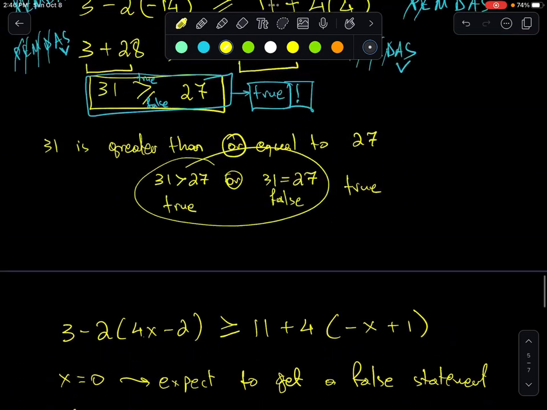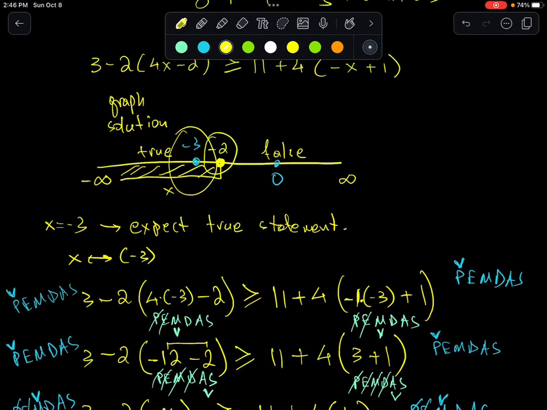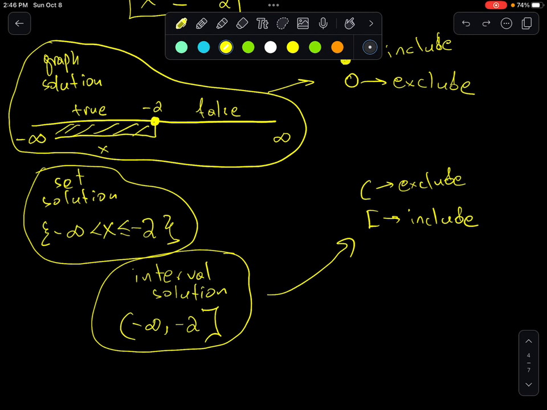Now, before I move on, one may plug in -2. Okay, what if I plug in -2? What do I expect to find? Now notice that -2 is included here. There's no circle to exclude it, and my solution was really that equal to -2 was allowed.